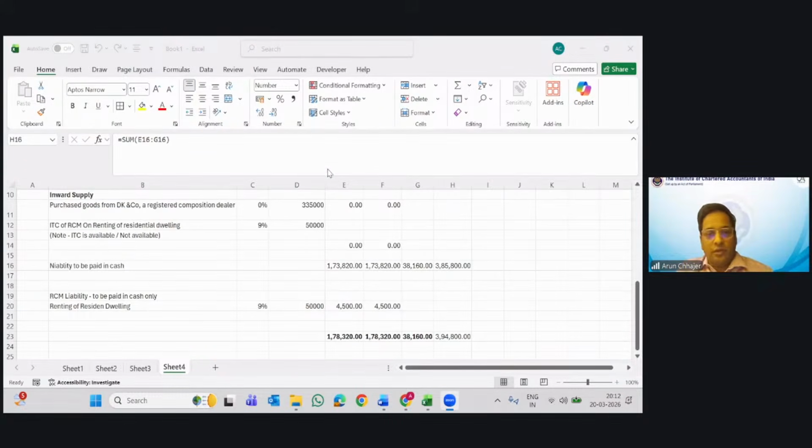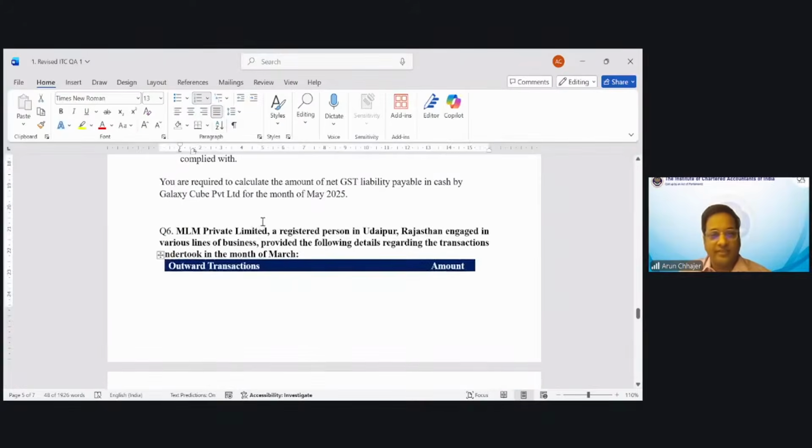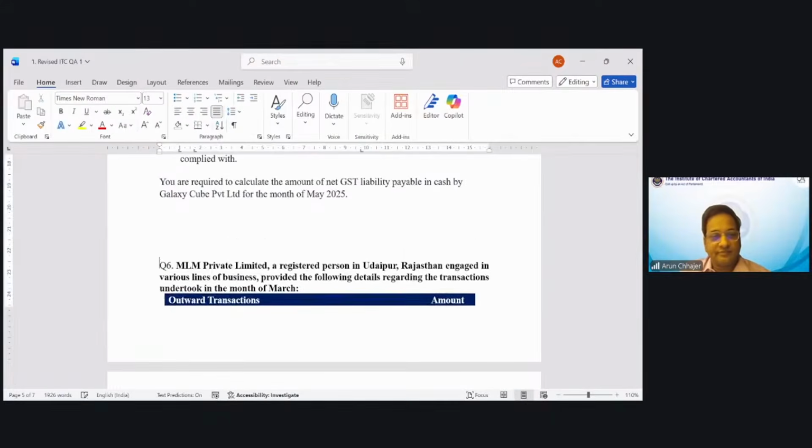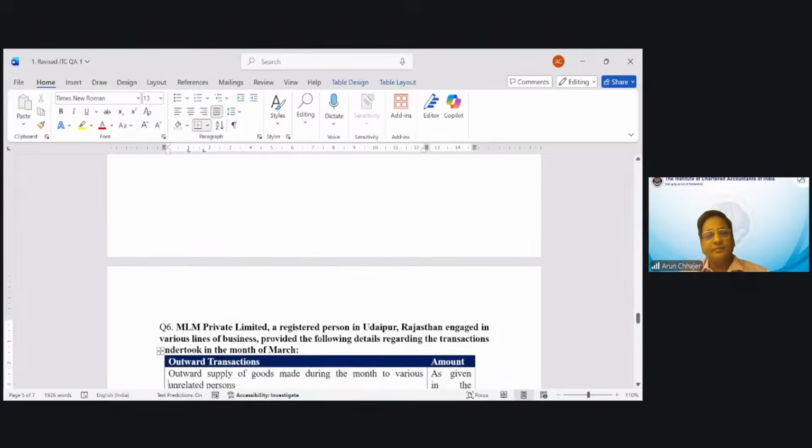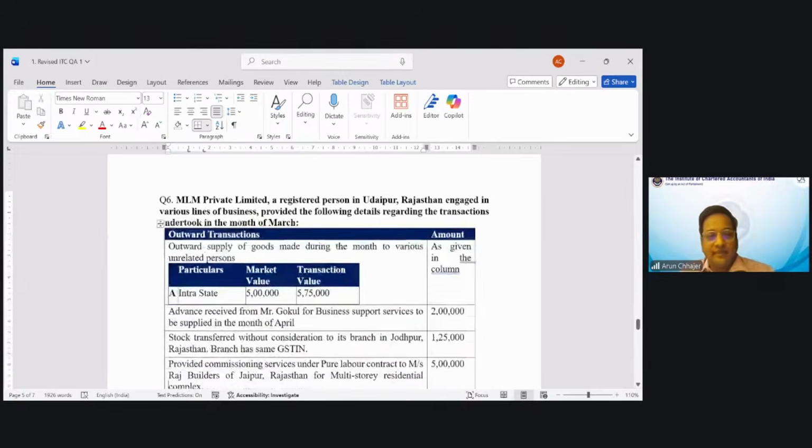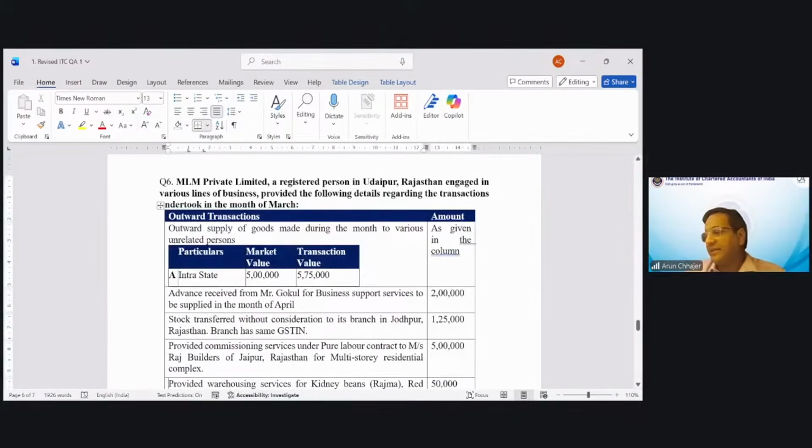So एक क्वेश्चन और कर लेते हैं. Let's move to one more question. Last question for the day, obviously. First read the question completely. ठीक है ना?